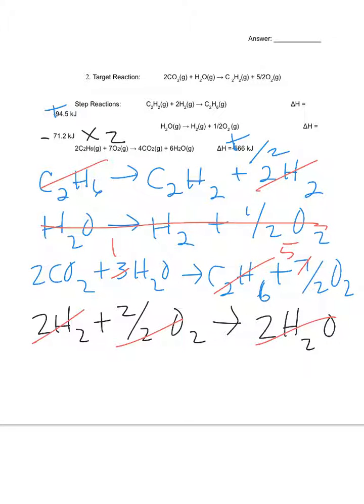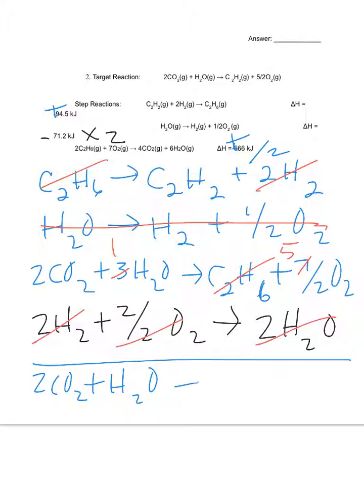And now we can write our overall reaction. And at this point, our overall reaction is going to be our target reaction. We have 2 CO2 remaining plus our H2O remaining, yielding our C2H2 and our 5 halves O2.